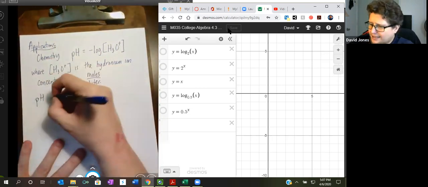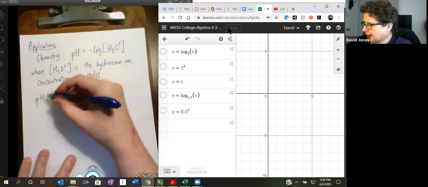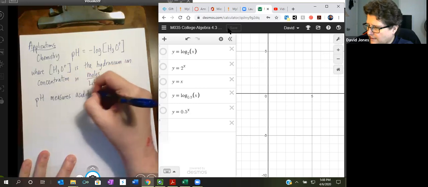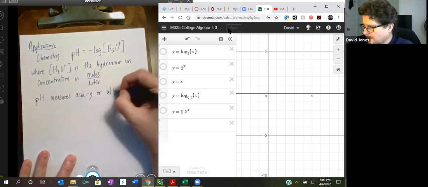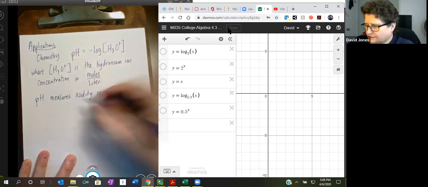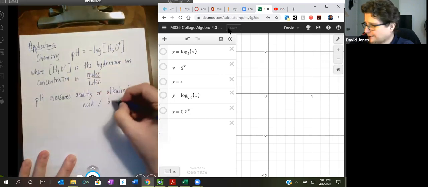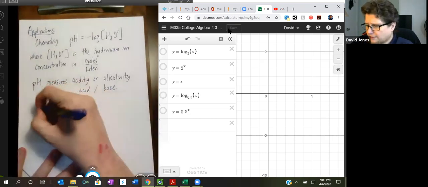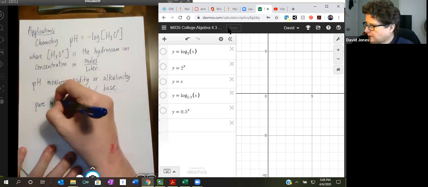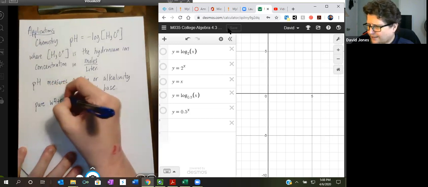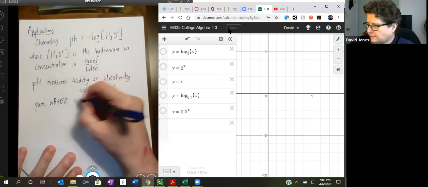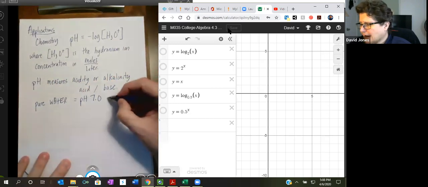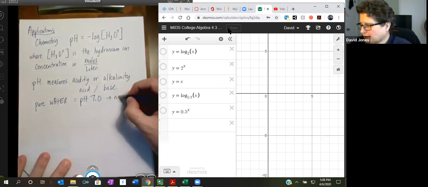pH measures acidity or alkalinity, or acid/base. Just so you know, pure water, nothing in it, has a pH of 7. That's completely neutral.